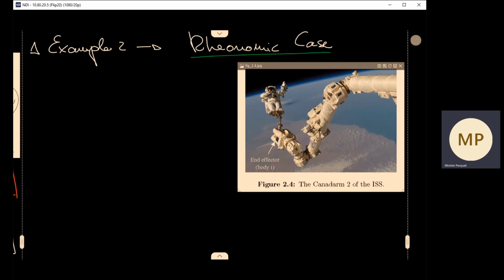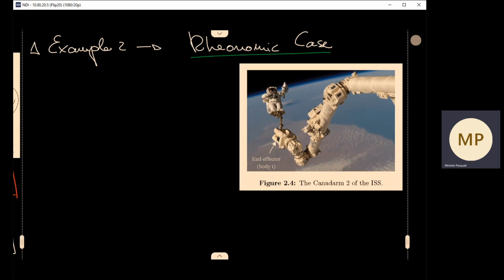So you see, as you can see in the caption, it's the Canadarm, a robotic arm installed in the International Space Station. Typically, the way these arms are operated is through imposing a motion to the end effector. It means that you program the actuator imposing a certain path or trajectory to the end effector. It means that our constraint has this form. So, oops.